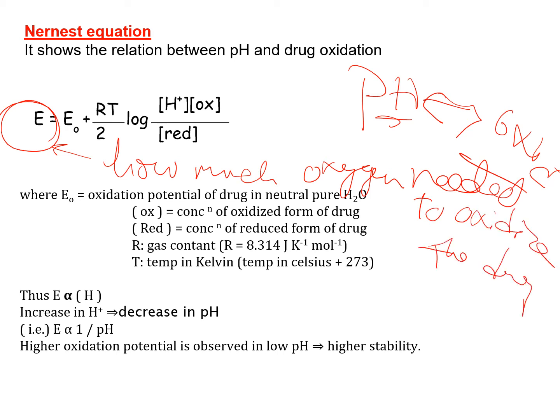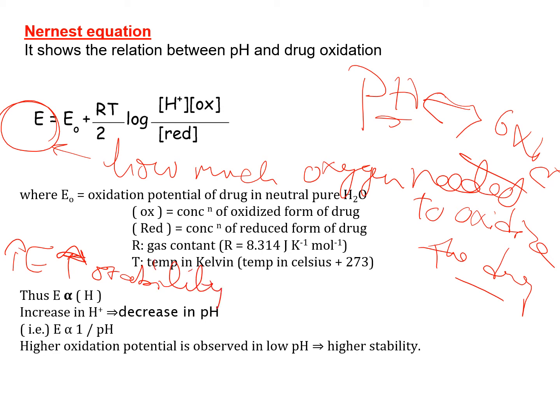How much oxygen needed to oxidize the drug? That is the oxidation potential. If oxidation potential is high, it means what? It means that this drug needs much oxygen to be oxidized. It means the drug is stable. So if we have high oxidation potential, high E, it means high stability.